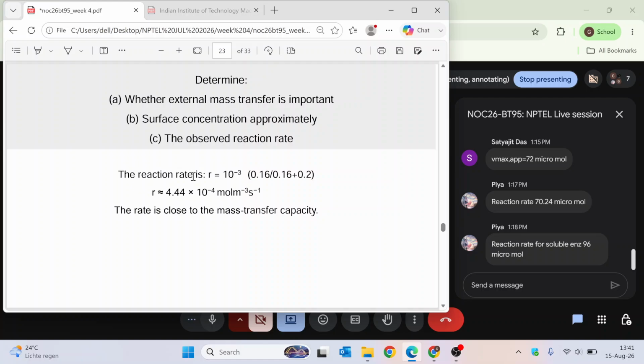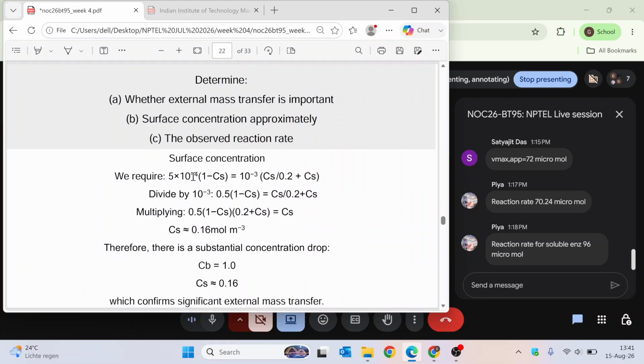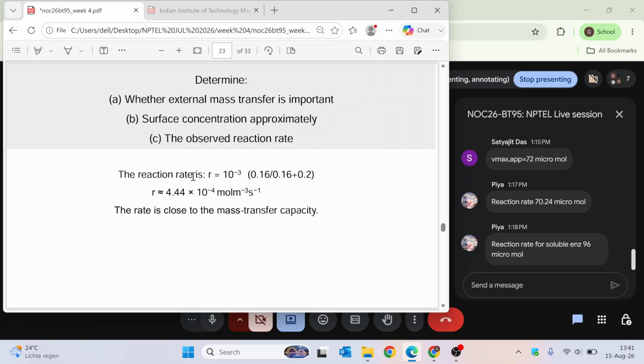And the last one is about the observed reaction rate. So the reaction rate is 10 to the power minus 3 into 0.16 by 0.16 plus 0.2. I hope you get where the equation comes from. All equations are given here only. This was the first step. And your reaction rate is going to be 4.4 into 10 to the power minus 4 moles per meter cube per second.